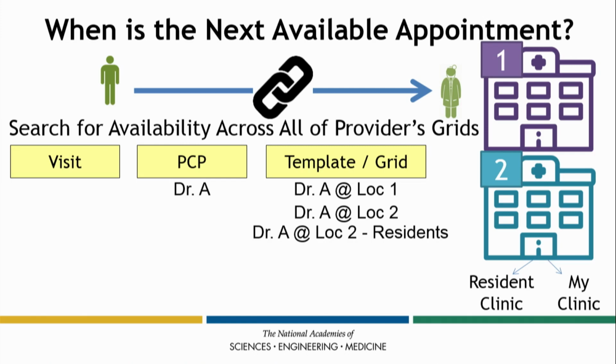If these are all of their segments of supply, pull all of that in so we can find the first next available appointment with Dr. A. The manual process of selecting multiple grids is really cumbersome, fraught with error, and we want to do away with that. So automating the selection of the templates or grids to search across, with wider as the default and being able to narrow down if necessary, is really the best option to find the first next available with the PCP.